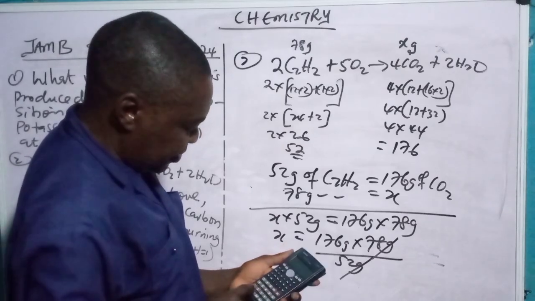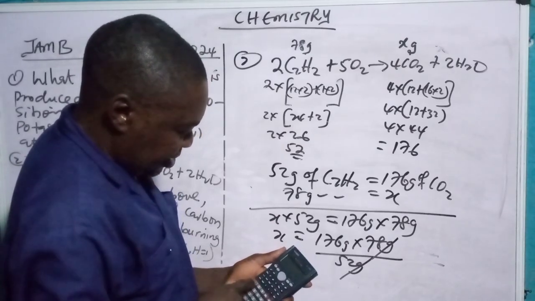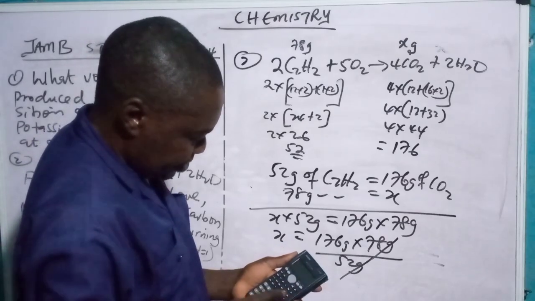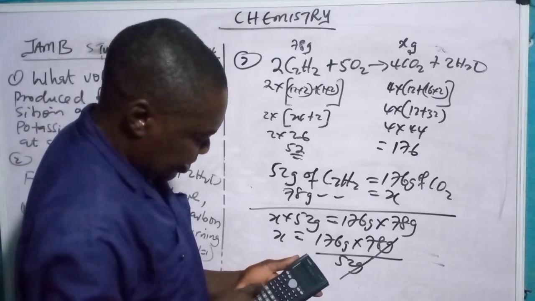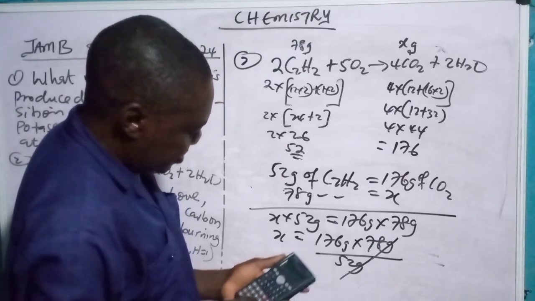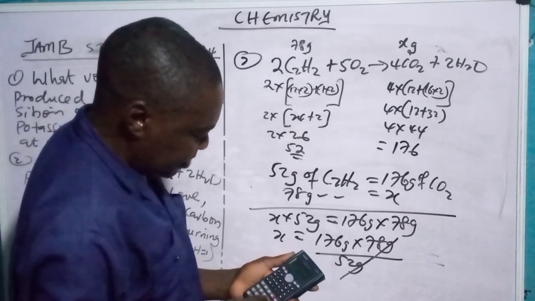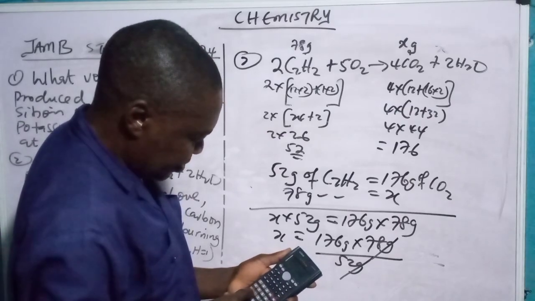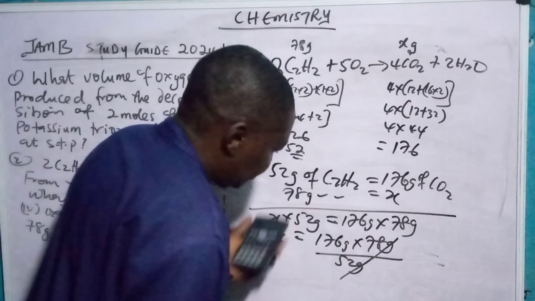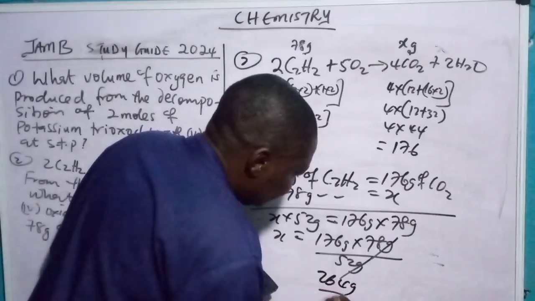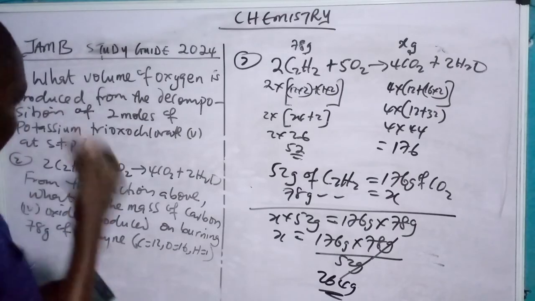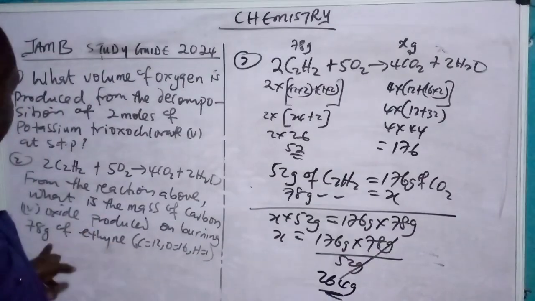Let's see what it gives us. 176 times 78, divided by 52, gives you 264 grams. So that's the mass of carbon dioxide liberated from 78 grams of ethyne.